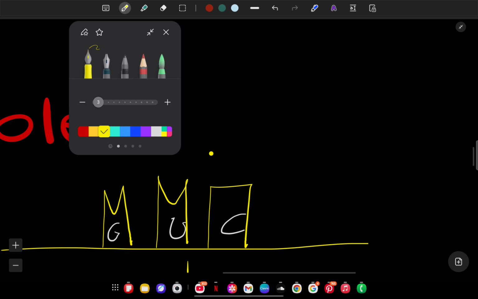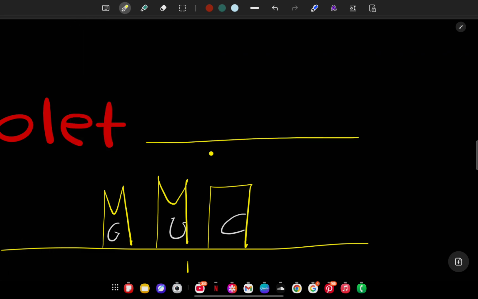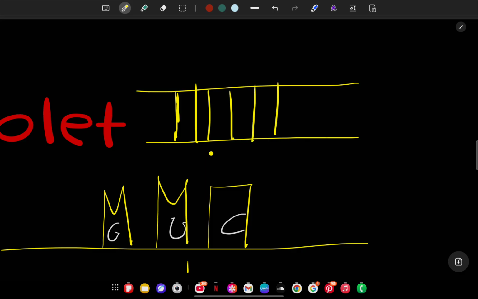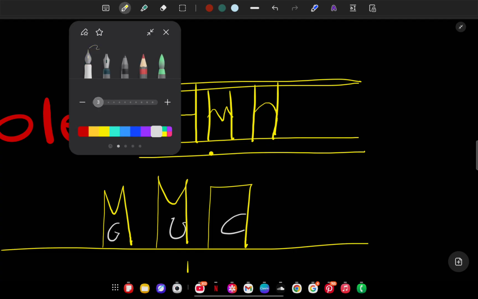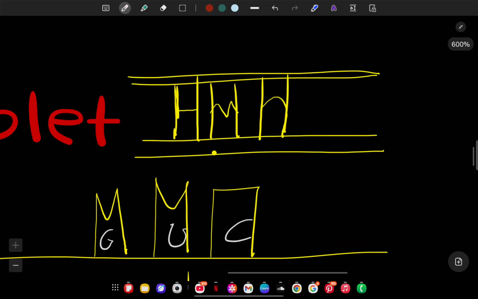And then we come here. I want you to notice how the DNA molecule is double-stranded, unlike the other two RNA molecules.